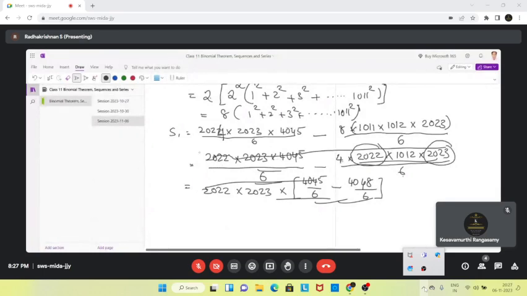So this we have to simplify now. Bit laborious. So all we can do is take out a 2023 by 6. The 2022 by 6.